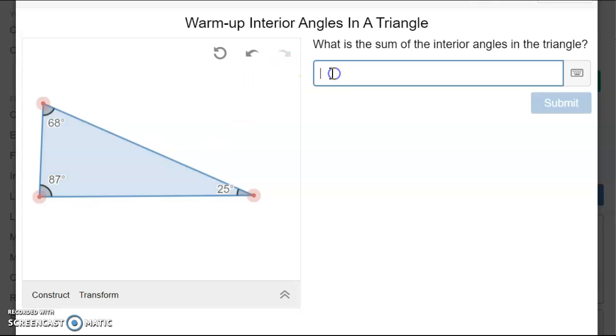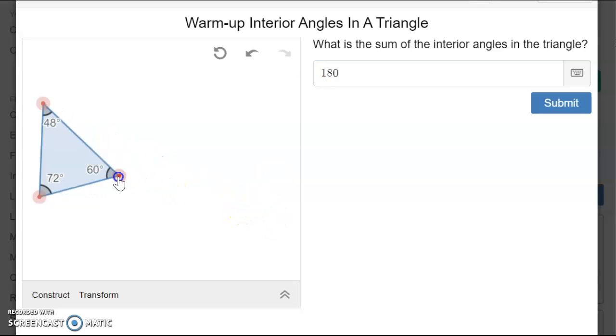I should be getting 180. Would it be the same if I change the shape to look like this? 48 plus 60 plus 72. Yes, that's still 180. So with a triangle, it doesn't matter what shape it is. The interior angles always add to 180 degrees.